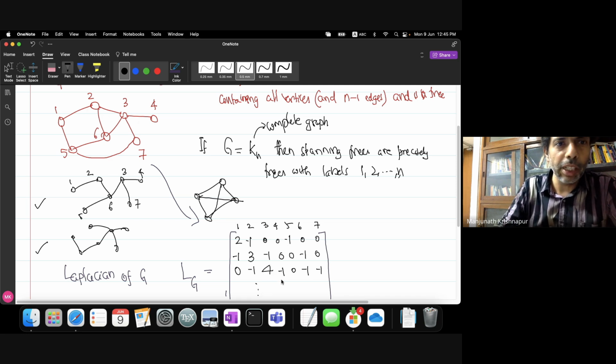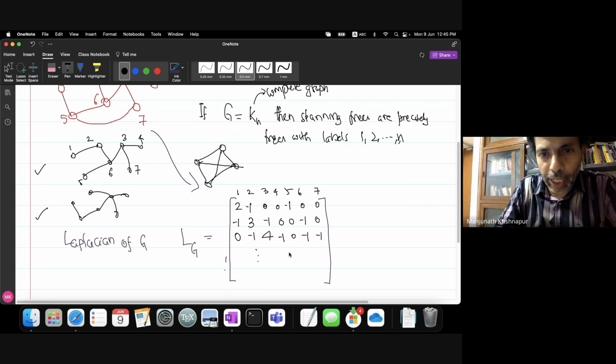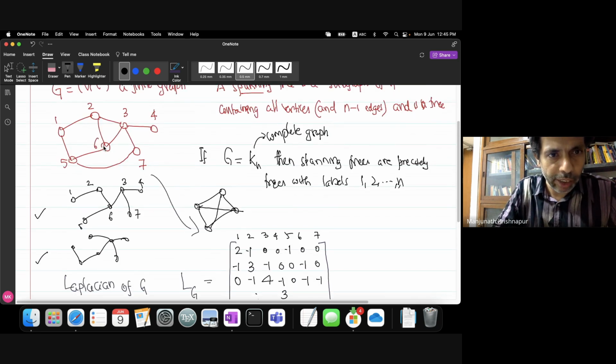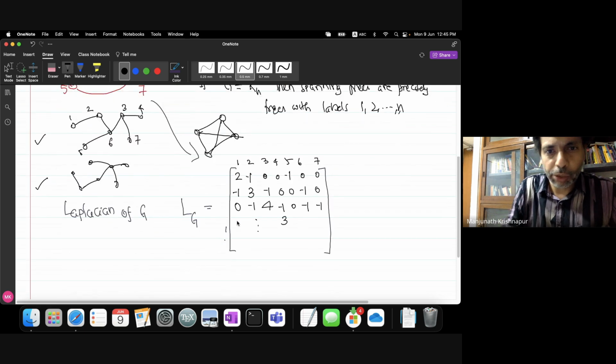For the fifth one, it will again be 3, because 5 is connected to 3, and then 5 will have -1 at 1, 6, and 7, and zeros here, and so on.